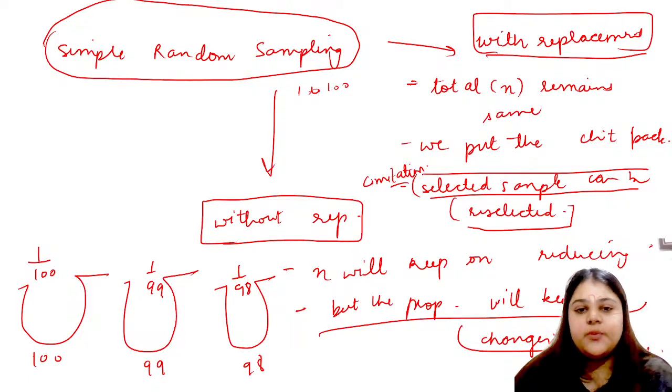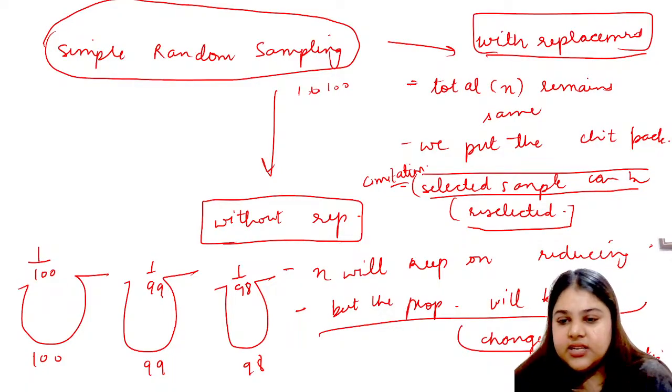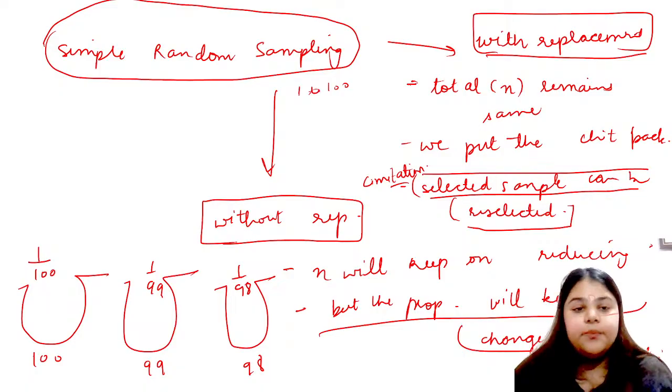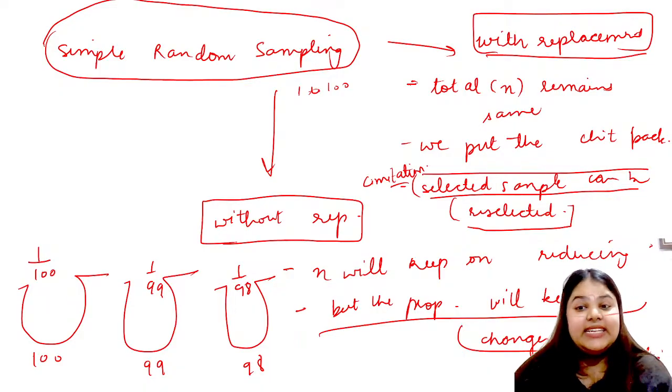Clear everyone? Should we move ahead to other type of sampling? Yes, Arshia, wait, let me see. Arshia is saying why change in probability is a limitation. Because the chance of getting selected is increasing each time a person is drawn.